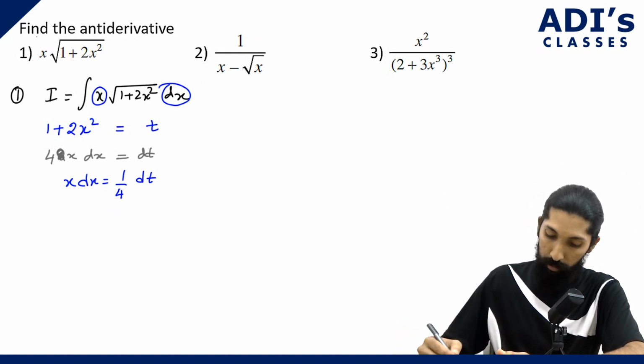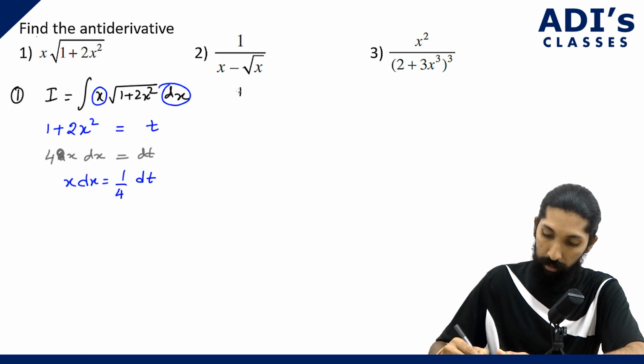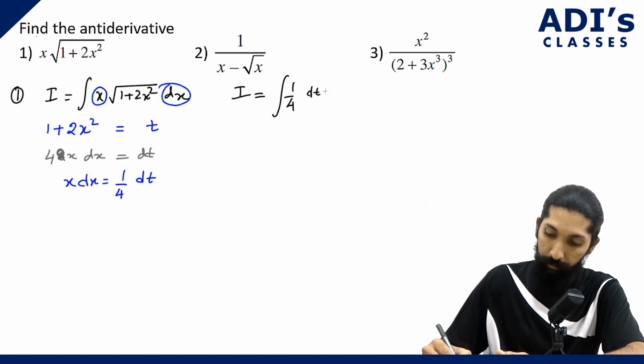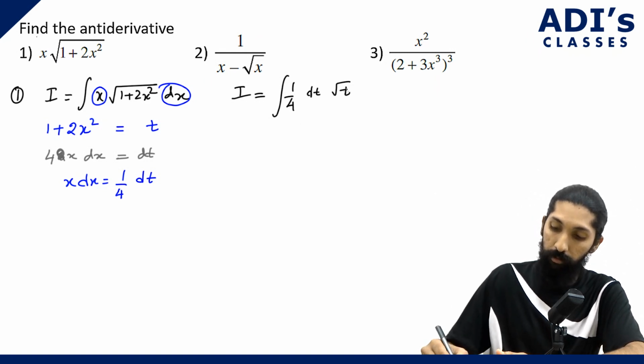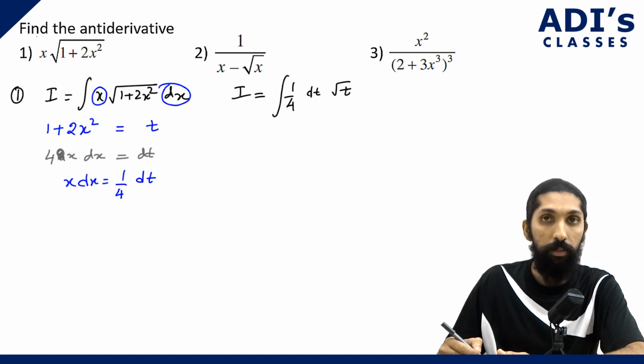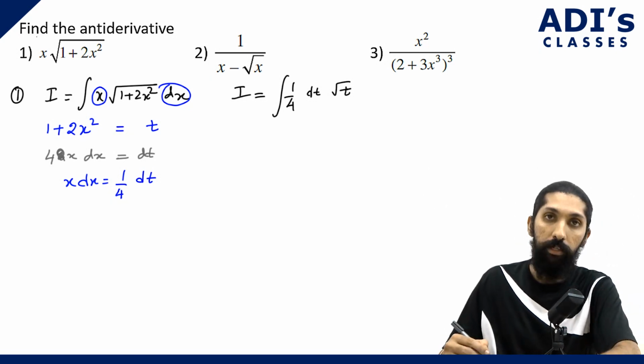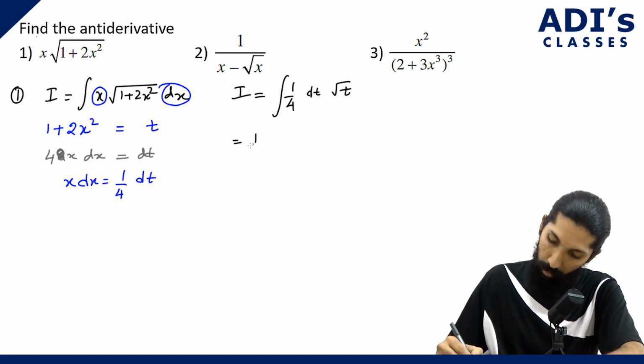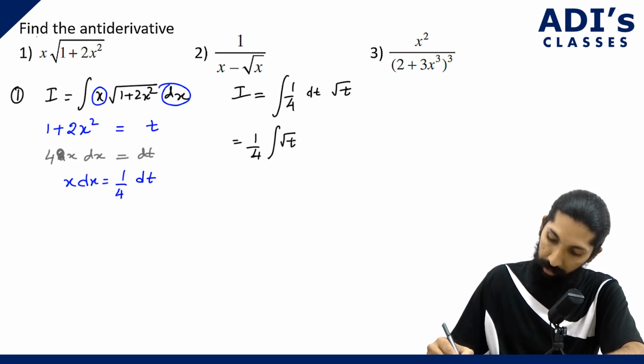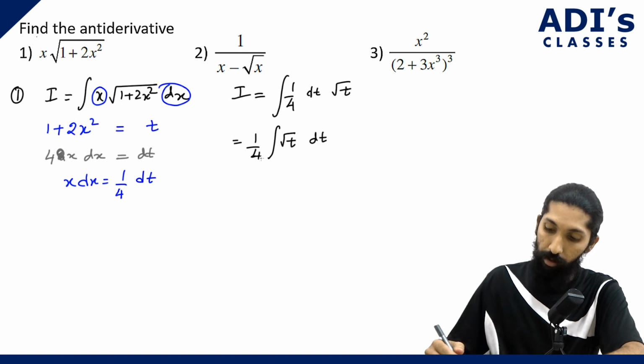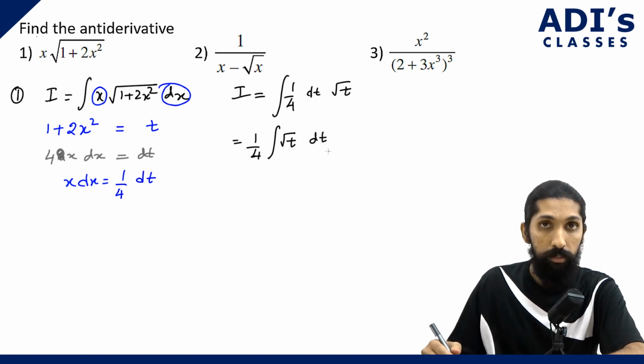So, the problem is going to turn into I is equal to integral of 1/4 dt into root of t. 1/4 is a constant, so keep it outside the integral sign. 1/4 integral of root t dt, or you can also call this t to the power of half, right?